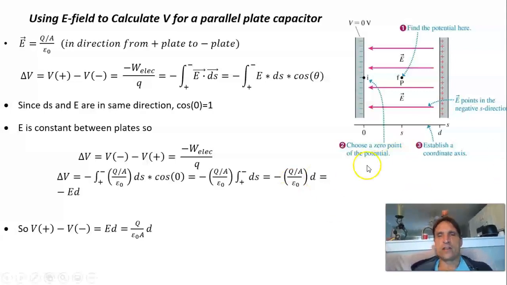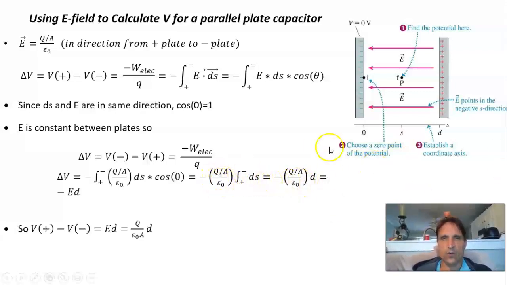And so delta V is equal to all of this, negative Q over A epsilon naught times d. If we wanted, we can plug Q over A epsilon naught back in as E, and we get the familiar equation that the potential difference from the minus plate to the plus plate is equal to negative Ed.